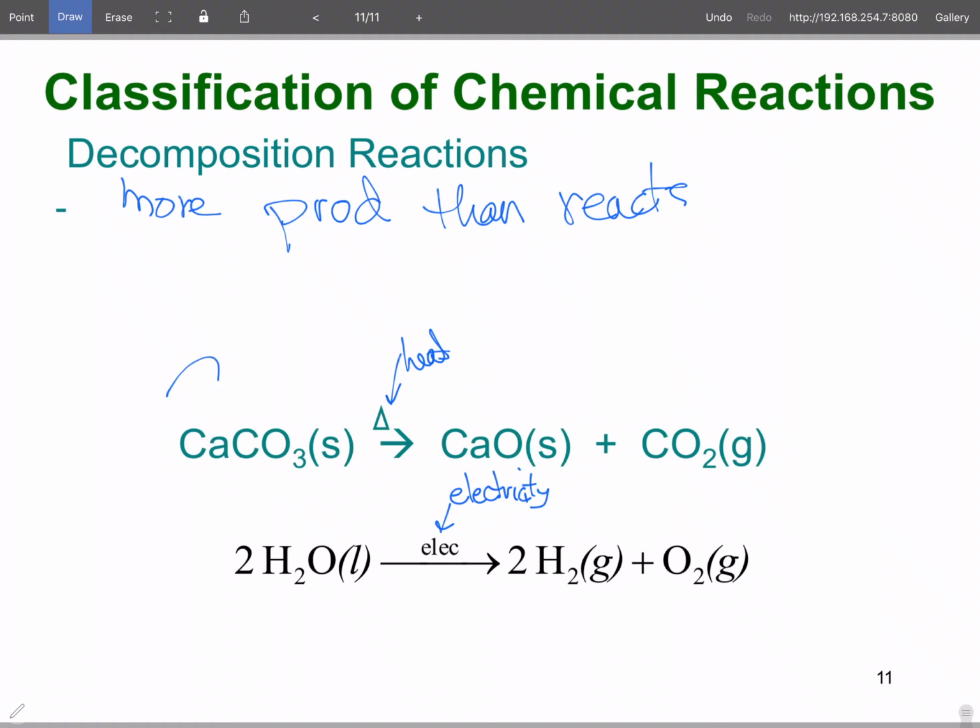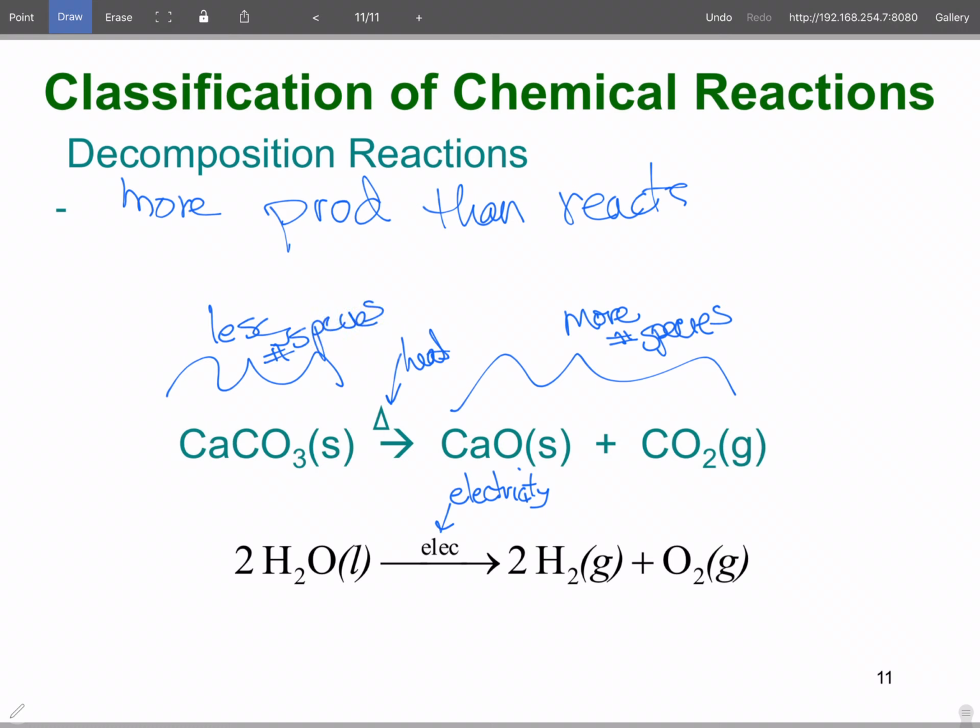And if you'll notice, you'll have less on the reactant side and you'll have more species on the product side. Number of species. Okay, and again, you're like, wait, we have 1 and 2 here. Yep. But it will still be a balanced equation.